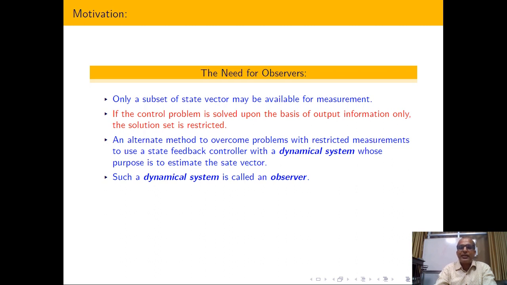That is very important. An alternative method to overcome the problem of restricted measurement is to use a state feedback controller with a dynamical system whose purpose is to estimate the state vector.